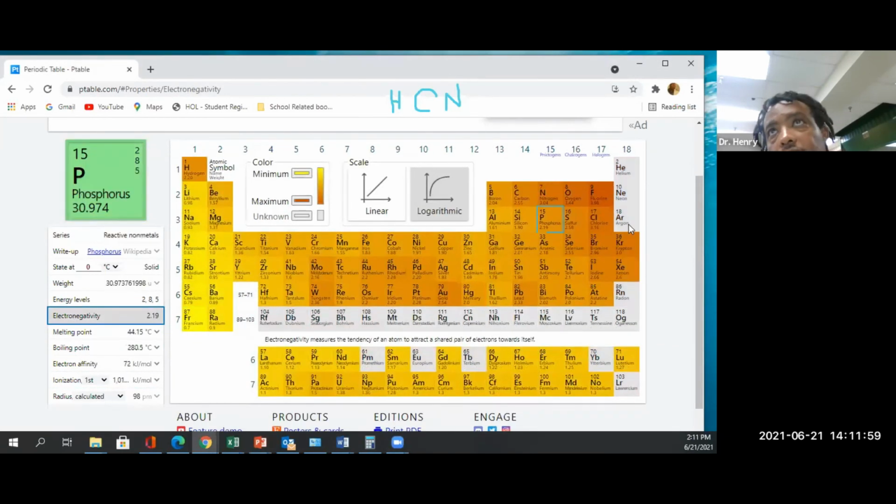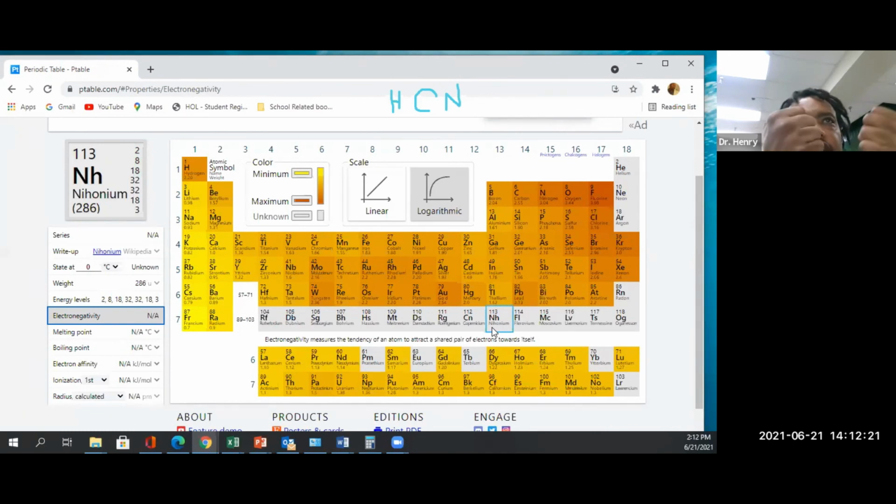This here is the scale of electronegativity, right? The lowest value that you'll see here is 0.7, and our highest value is 3.98 or 4. Electronegativity is the desire to pull electrons towards you.